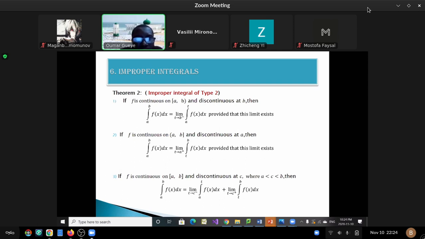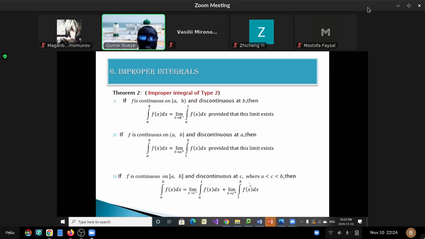Now, for the second type of improper integral, the bounds of your integral are both real numbers. But it's improper because of a discontinuity at some point inside your interval of integration. It could be in the interior of the interval, or at an endpoint of your interval.